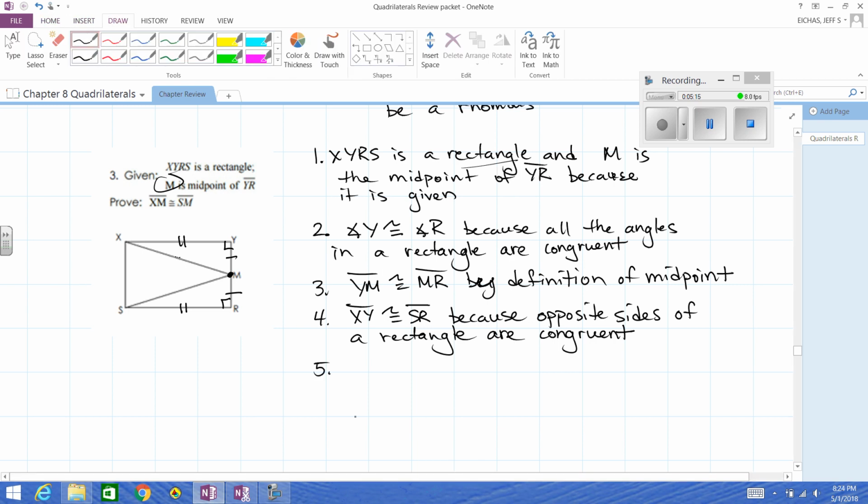So then 5, I finally have the triangles congruent, so XYM congruent to SRM by the side angle side triangle congruence theorem.